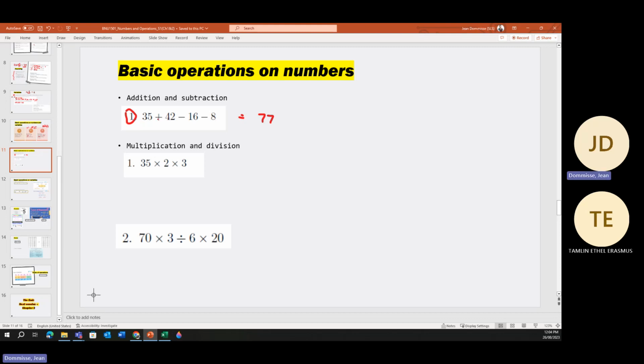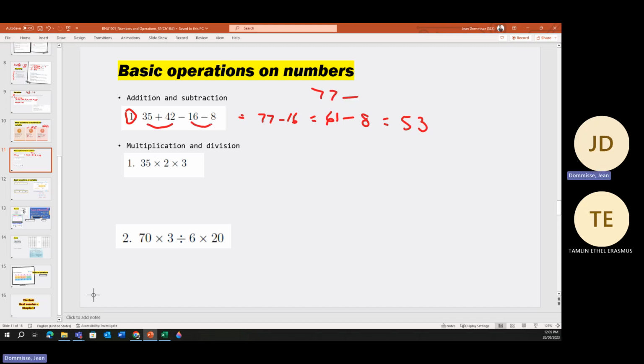If we subtract 16 from that, we get 61. And then if we subtract 8 from that, we get 53. Okay, so that could have been one way of doing it. Another way could have been to say, well, we add those two, it gives us 77.